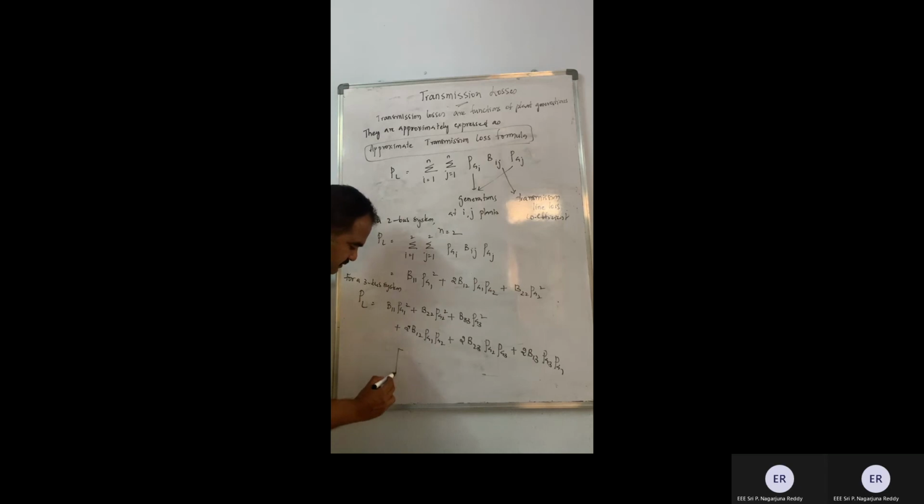I assume Bij is equal to Bji. So this is an approximate transmission line loss.